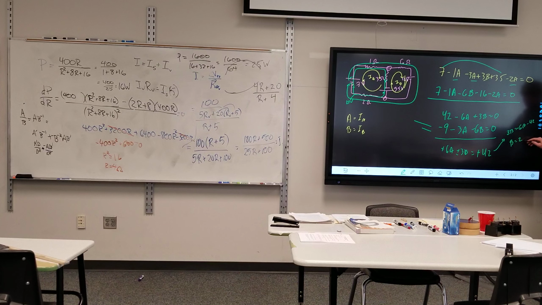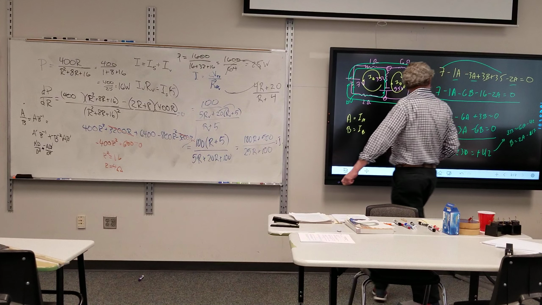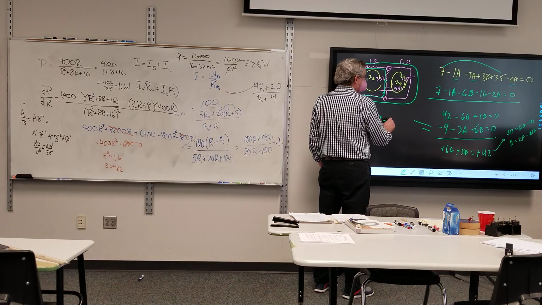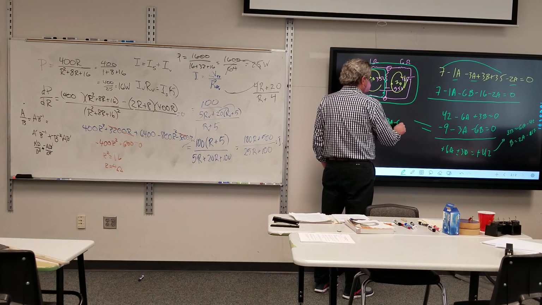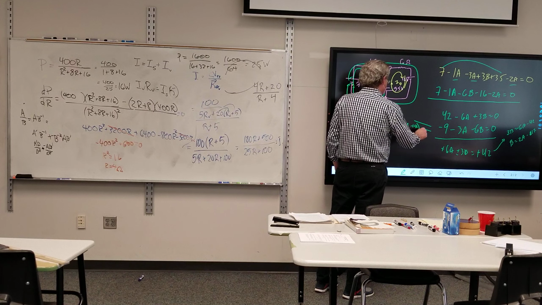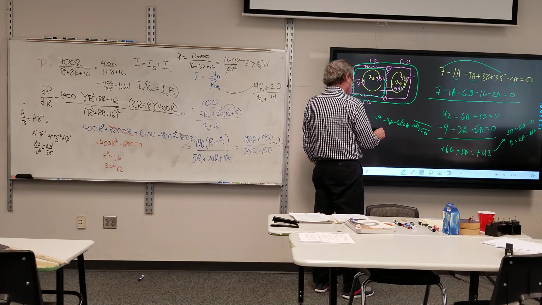B is equal to 2A minus 17. Okay. So then we substitute B into our second equation. So -9 minus 3A minus 6 times (2A minus 17). And now we solve for A, and then we plug back in to solve for B.